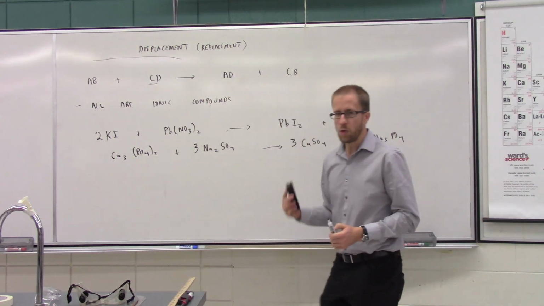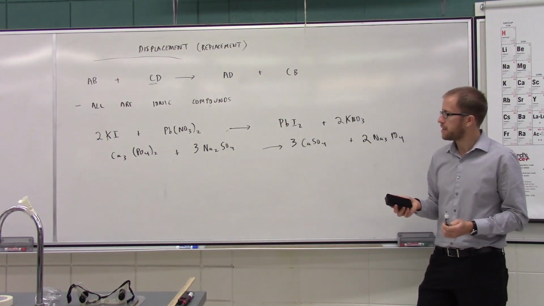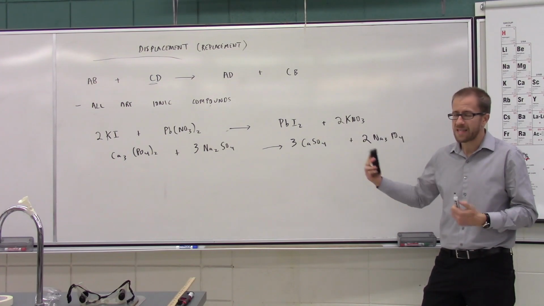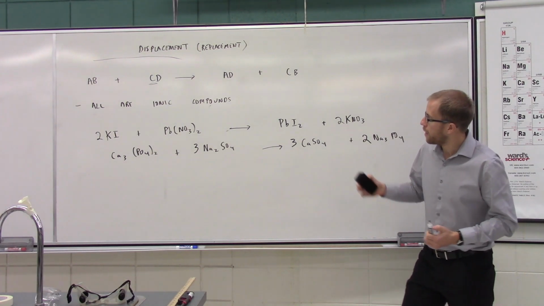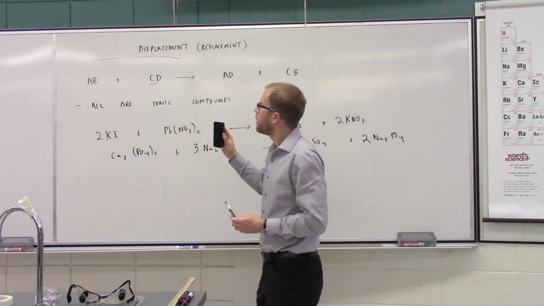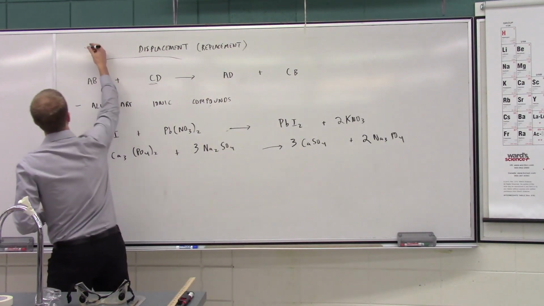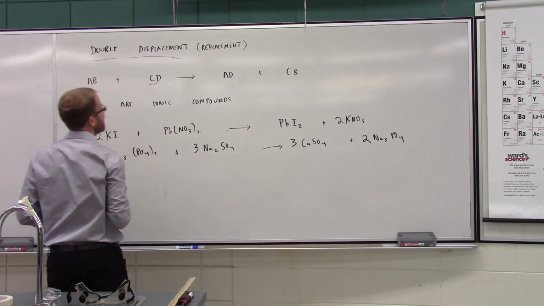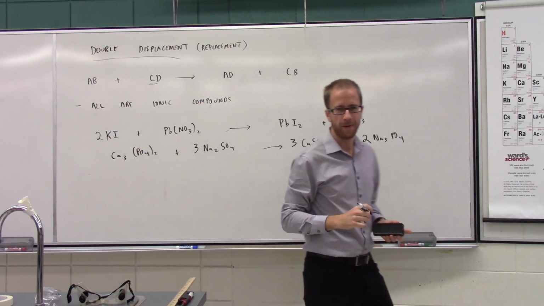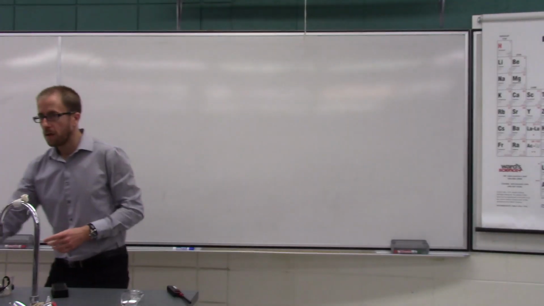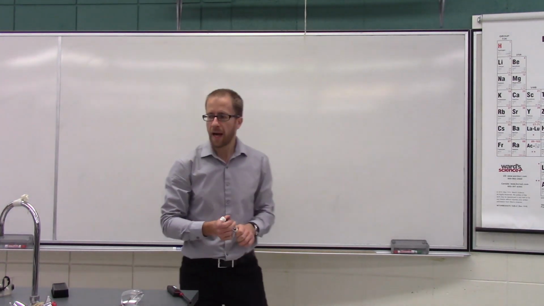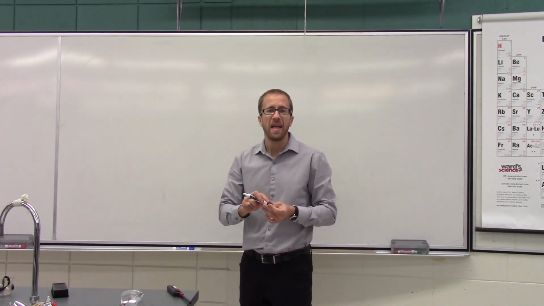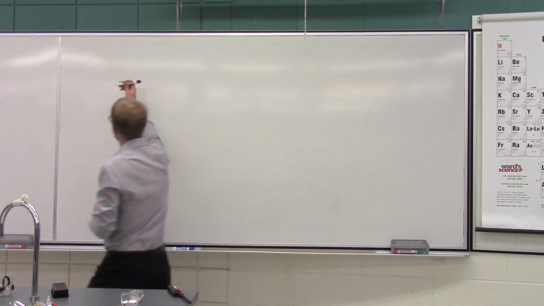So again, once you have enough practice with balancing, that stuff will just become second nature. Oh, I forgot to write in the word double right here. This is a double displacement reaction. The last type of reaction we're going to be exploring is a combustion reaction.